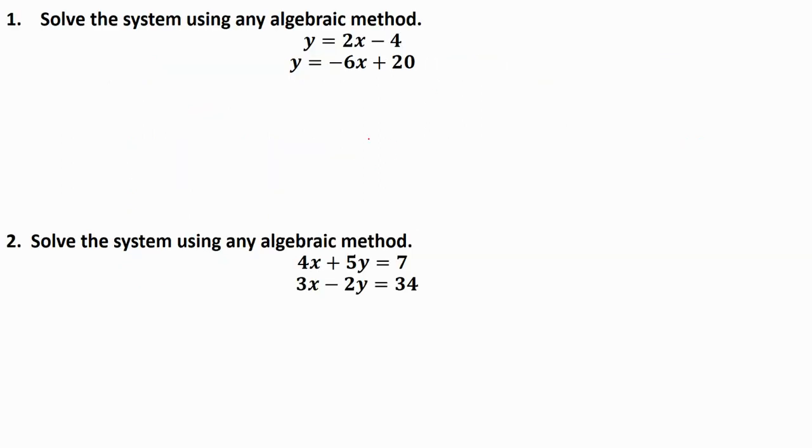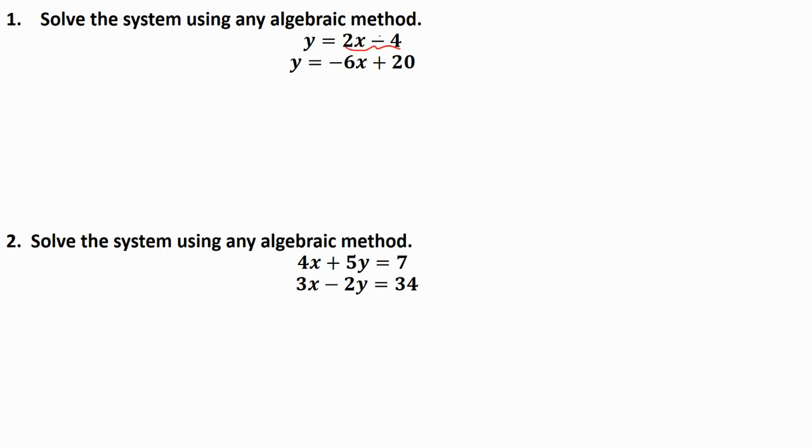Okay, now we're going to solve using any algebraic method. So elimination or substitution. So here you could use elimination, try to eliminate the y's, or try to eliminate the x's. But another way, if you have both equations in slope-intercept form, you can substitute one part into the other part.